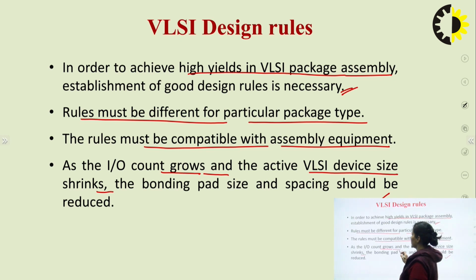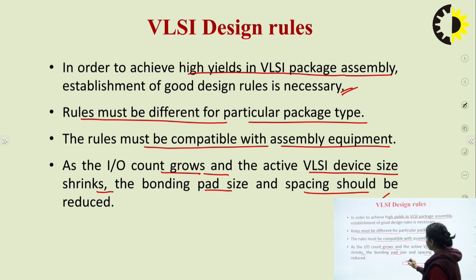So what it wants to say is that as the input-output count is growing and the VLSI size is shrinking, the bonding pad size and the spacing should be reduced. What is meant by this bonding pad?